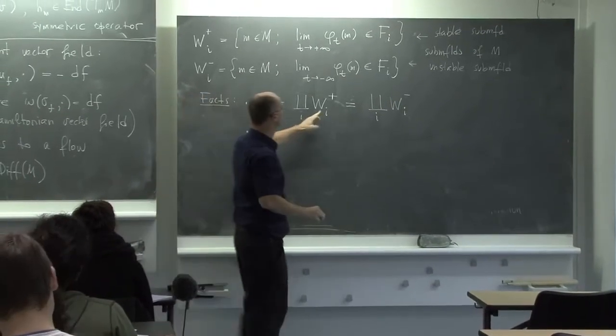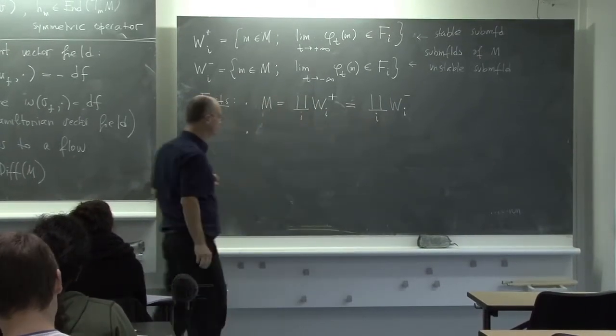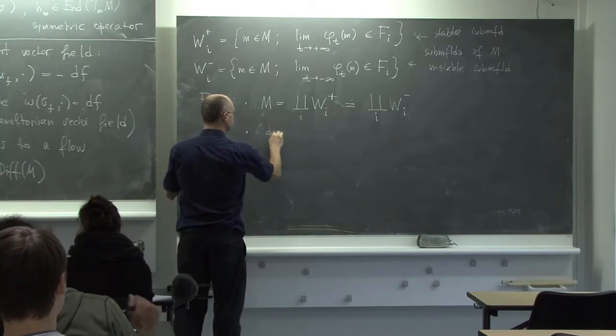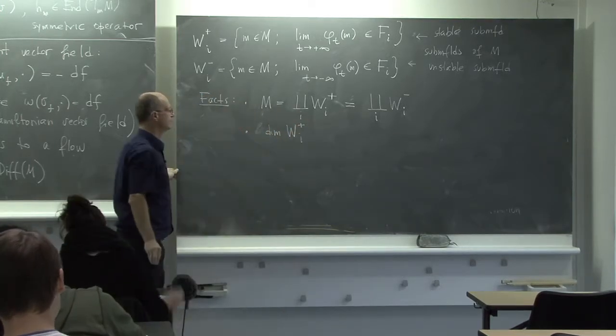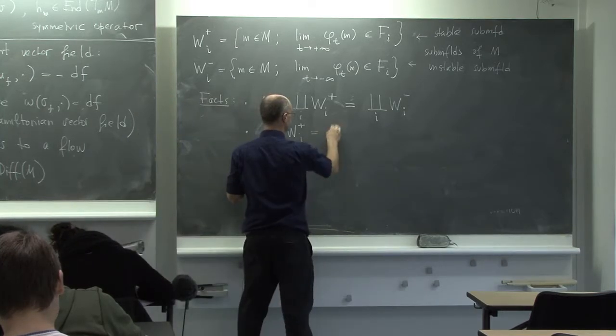So as I said, these are actually submanifolds, and we actually know their dimensions. We'll see now in examples roughly why it happens in this way.